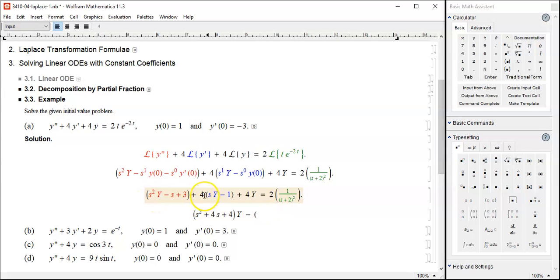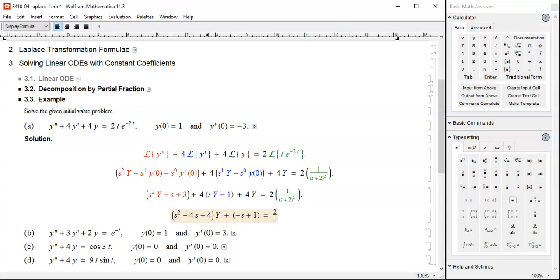S squared plus 4s plus 4 times Y, I got that. And then minus s, and then plus 3 minus 4. So looks like I'm getting plus 1. Is it right? 2 over s plus 2 squared.